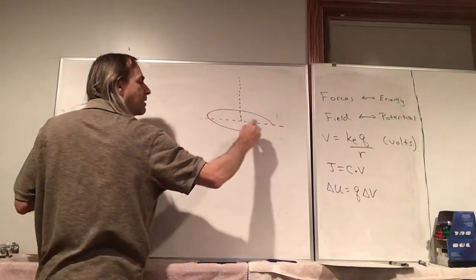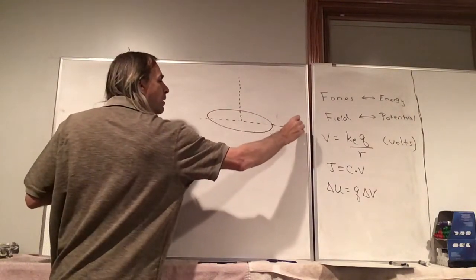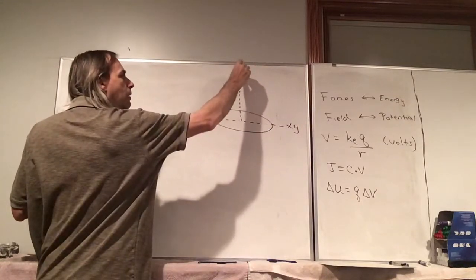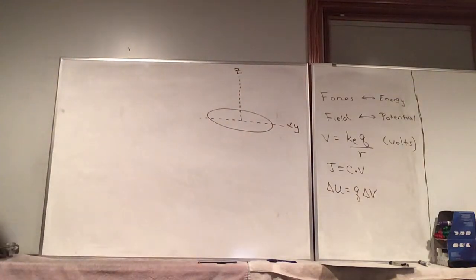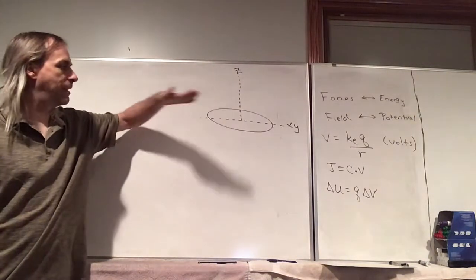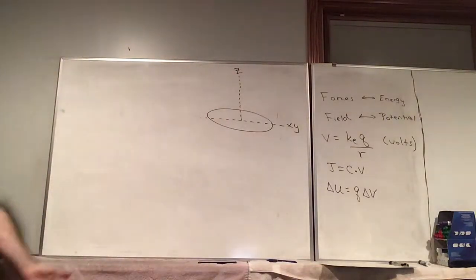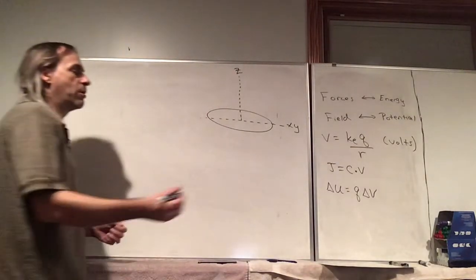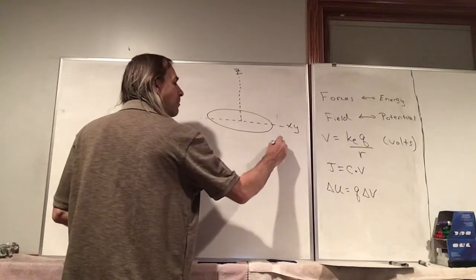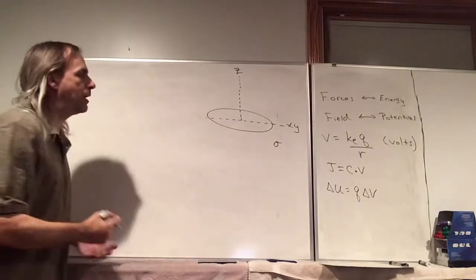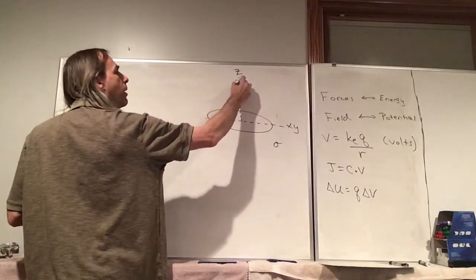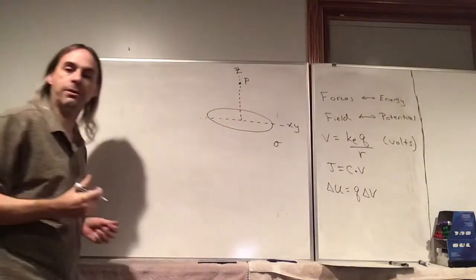So this disk is in the xy plane, and that's the z-axis. It's hard to draw, but the disk is perpendicular. The disk has radius r and a uniform charge density sigma. Let's say we want to know the potential at some point P on the z-axis.